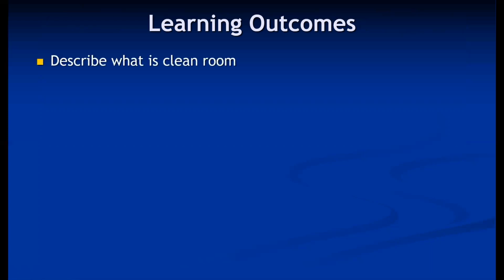At the end of this topic, you should be able to describe what a clean room is, and what factors are included, mainly, in addition to other factors, the lighting and contamination of the air. These are the more important factors in a clean room, other than temperature, humidity, and air movement.